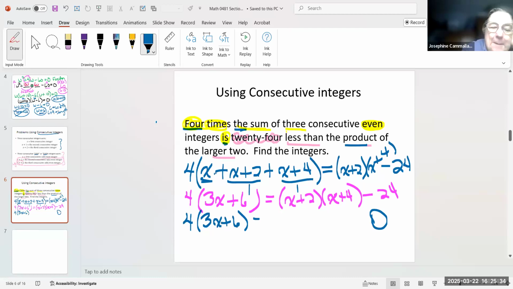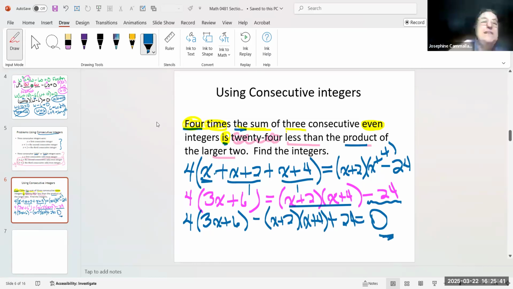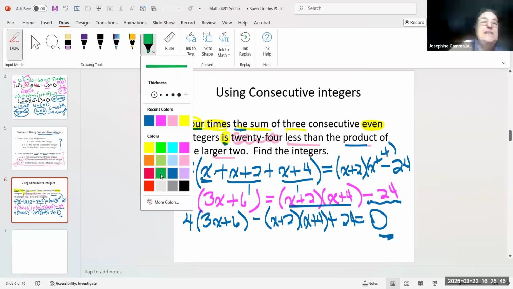This is a term. They all have to go to the other side of the equal sign. So I get 24. Okay. Well, here we go.